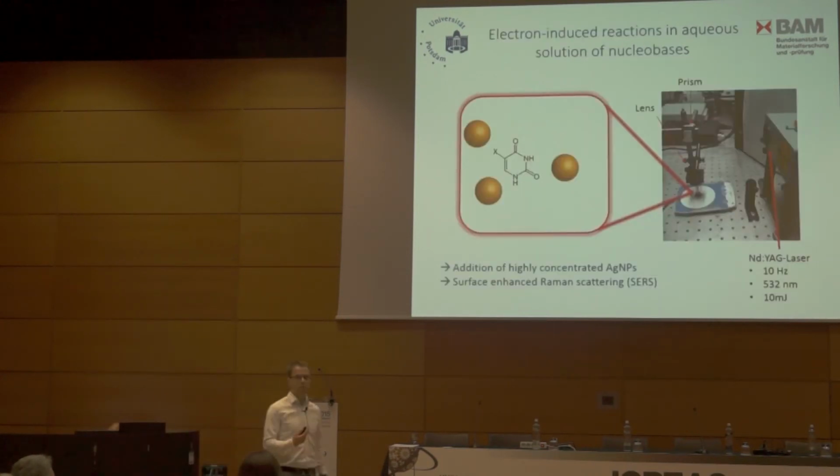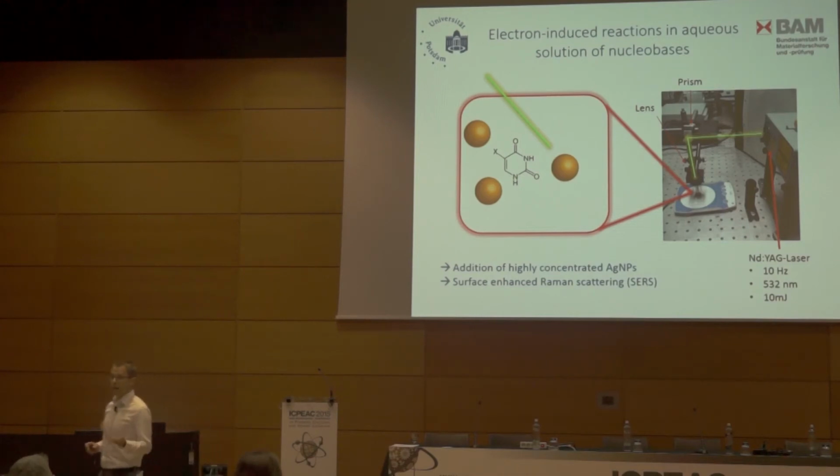So we did a very simple experiment. We used a solution that contains gold nanoparticles and nucleobases, and we irradiated this with the pulsed green laser that excites the surface plasmon resonance of the gold nanoparticles.